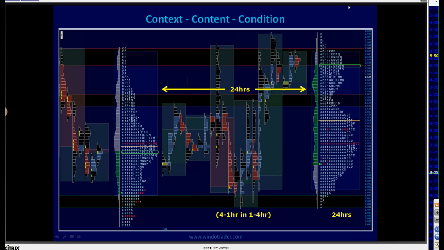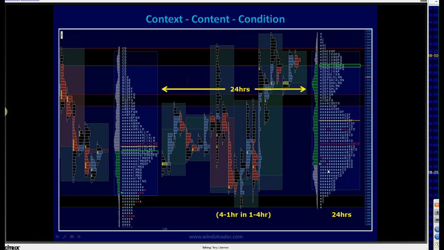Next, I'm going to give you an illustration of a chart used by one of our subscribers, and he designed this himself. If you'll notice, this is a 24-hour profile right here. I know it's hard to see, but there are lowercase a's throughout the profile, and then there are lowercase e's, and then there are uppercase alpha characters.